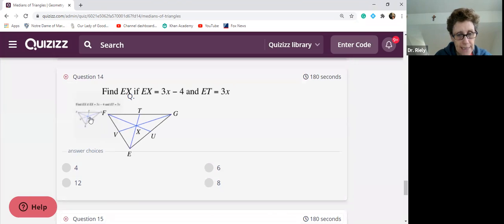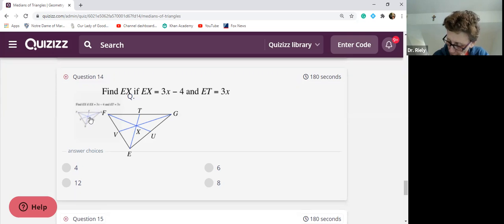It says find EX if EX is 3x minus 4. Okay, that's the bigger of the inside pieces. And ET is 3x. Do the same procedure we've been doing. So take your 3x minus 4, which is the 2/3 piece, and set it equal to 2/3 of the 3x.